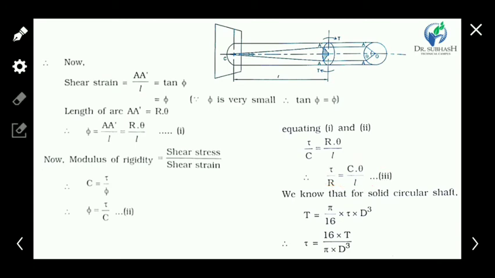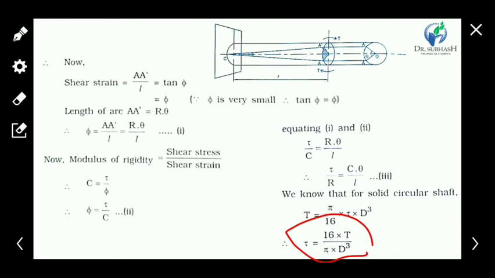Now we know that for a solid shaft, the maximum torque transmitted through the shaft is given by T equal to pi by 16 into tau into d raised to cube. From this equation we get the value of shear stress. So tau is equal to 16 into torque T upon pi into d raised to cube.